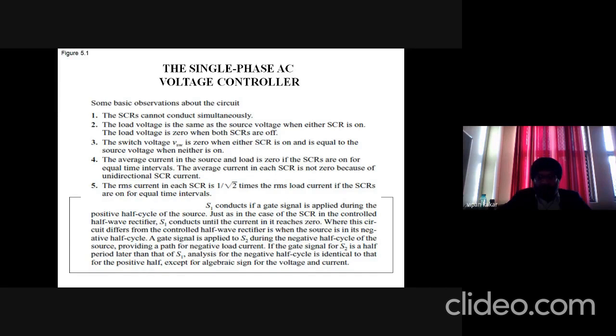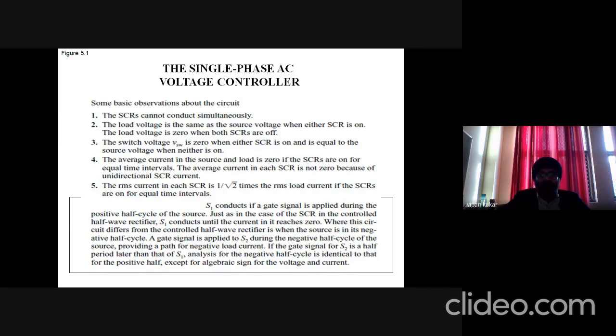Where the circuit differs is when the source is in negative half cycle. The only difference between the half wave rectifier and this AC to AC voltage converter is that in the negative half cycle, we have some voltage across the load, which we could not have in the half wave rectifier, just by applying a gate pulse or a firing angle at S2 in the negative half cycle.